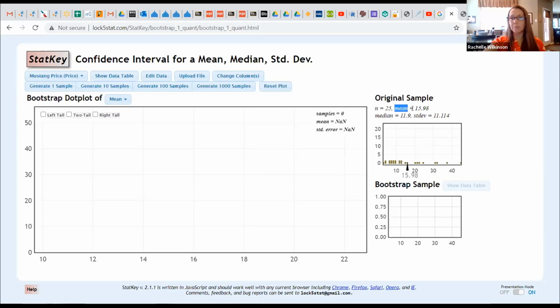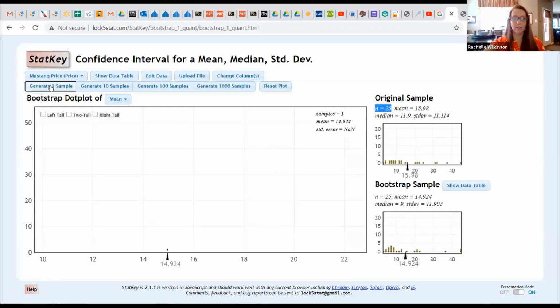It tells me that the mean was 15.98. That's my sample mean, X bar. It tells me the median, standard deviation, and my sample size, and it even gives me a lovely little dot plot of my sample values. Now I'm ready to create a bootstrap distribution. I'm going to click on generate one sample to begin with, just so we can see what it's doing here.